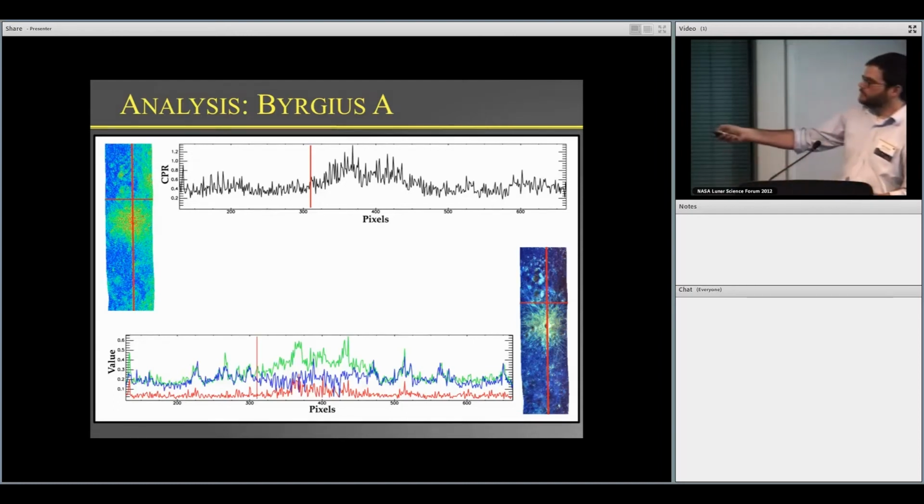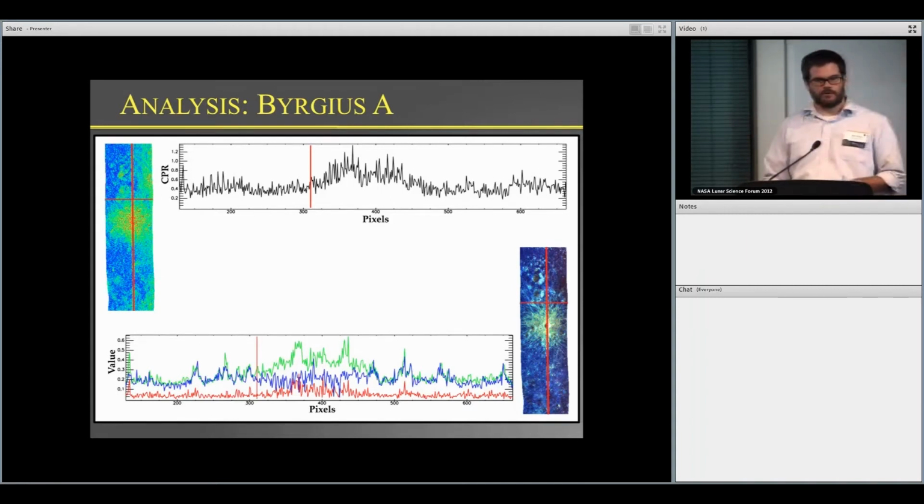And if you look in the CPR, and forgive me, this is a little bit noisy, you can see the general trend that once you get to the ejecta blanket, CPR increases by a fair amount until you get to the other side. And then you end up with a lunar background regolith CPR value of about 0.4. So if you're seeing a CPR of about 0.4, you're probably seeing lunar regolith.